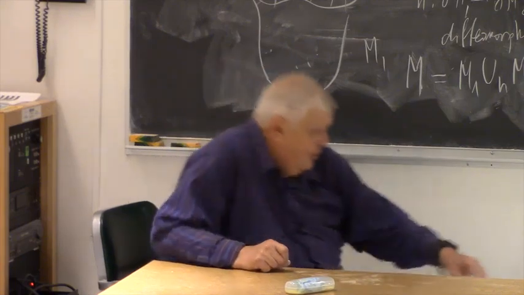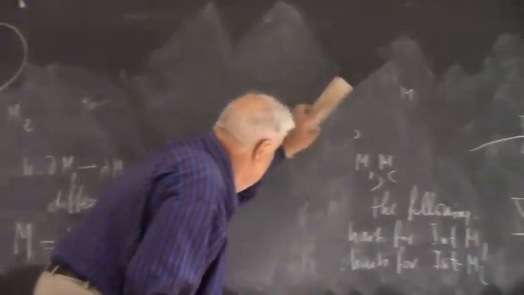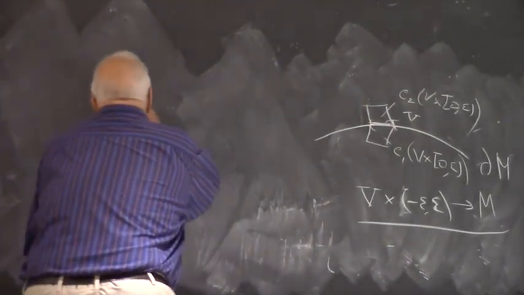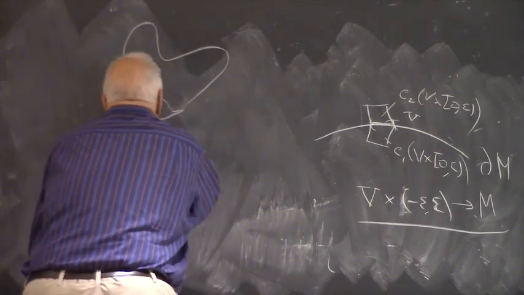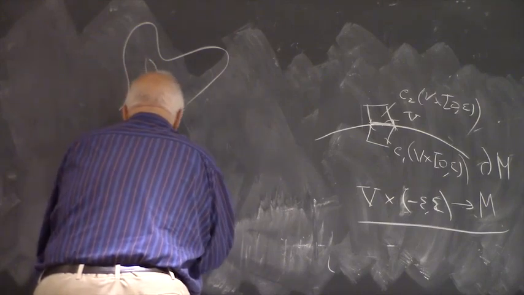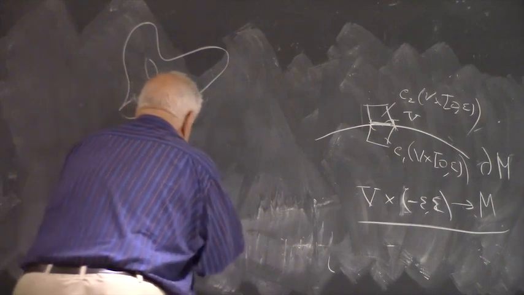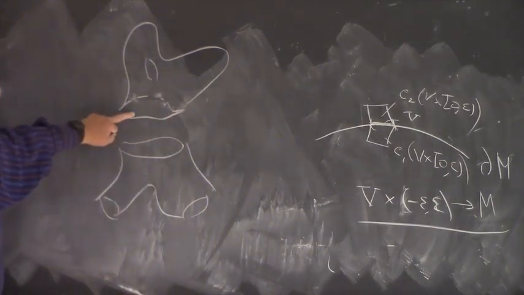So if you imagine, for example, you can consider the following. This is one manifold, and this is another manifold. Can you imagine this? So the boundary of this is one circle.